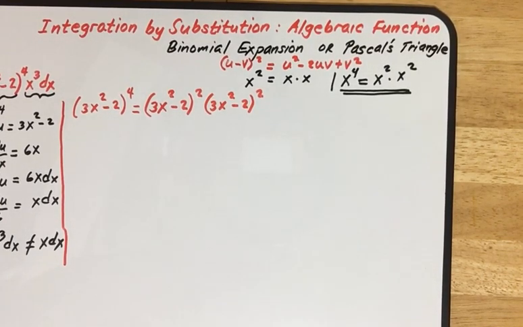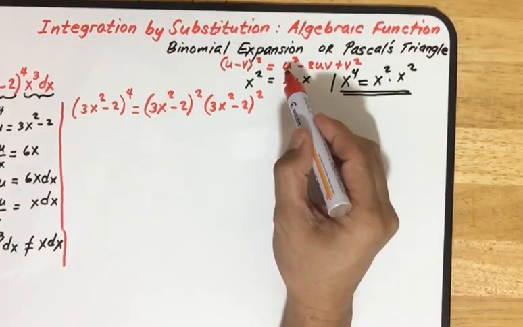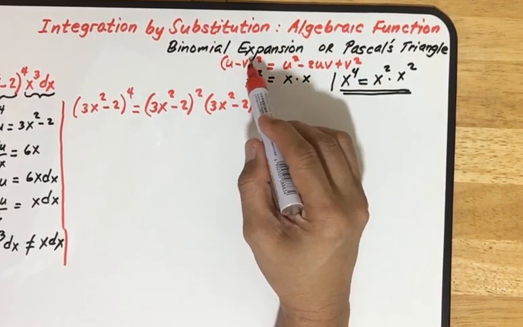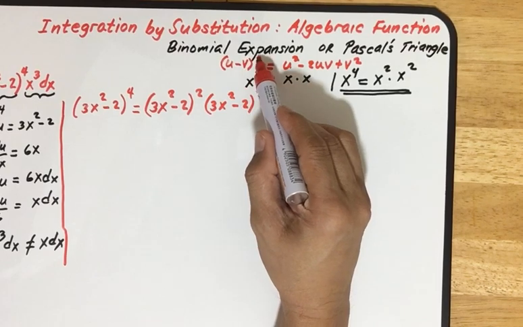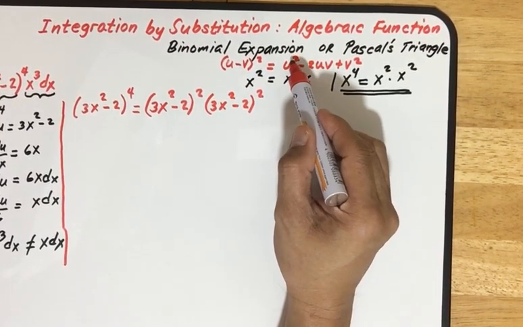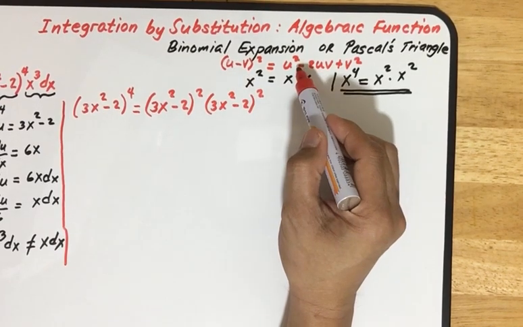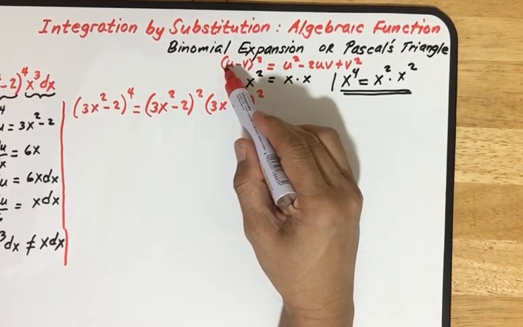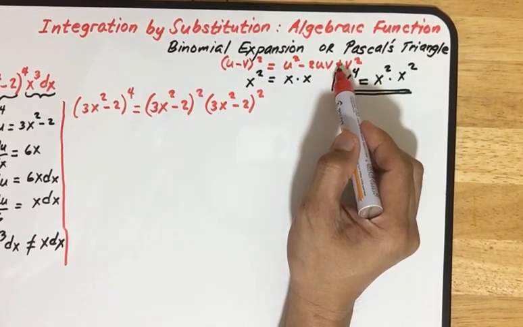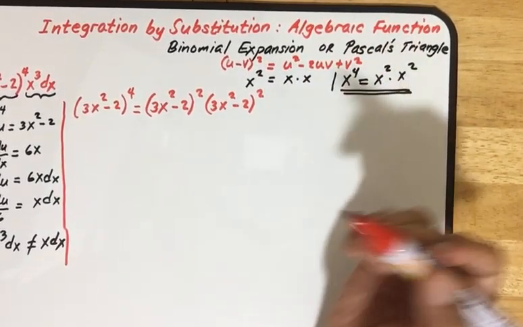Then using this concept, if you are given the difference of binomial u minus v squared, this is equivalent to u squared: the square of the first term, minus twice the product of the first and second term, 2uv, then plus the square of the second term.